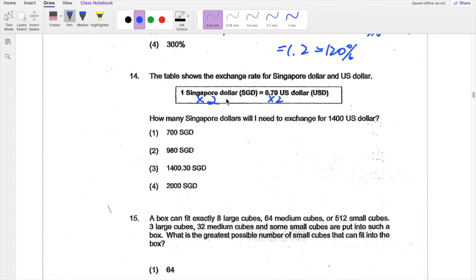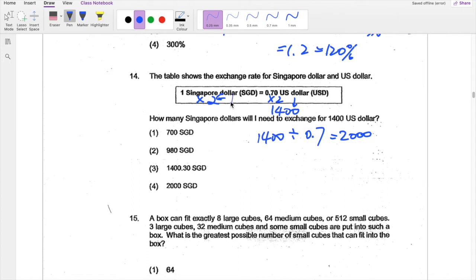So we need to find the proportion here. So we see that it becomes 140 USD. So how much does it scale? Well, we see that 140 divided by 0.7 equals 2,000. It means that this one times 2,000 becomes this one.